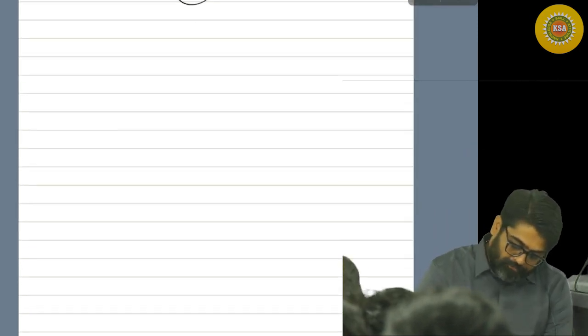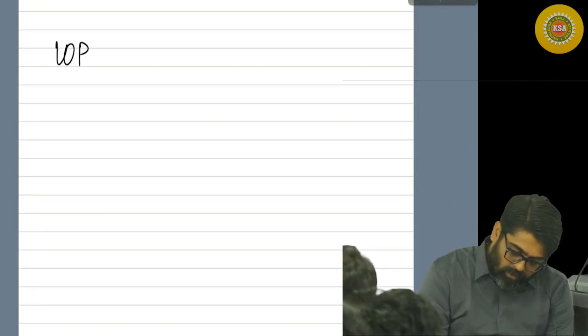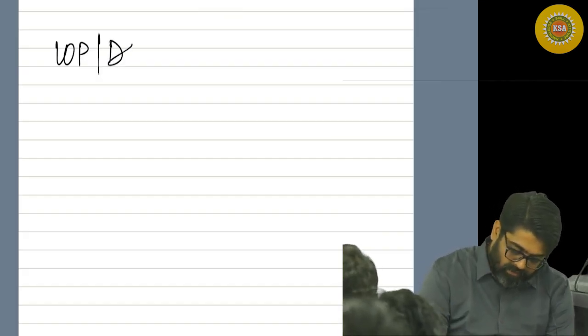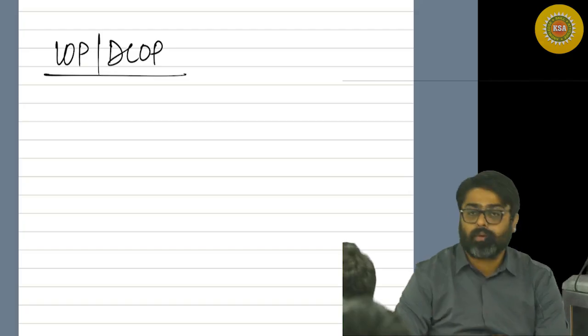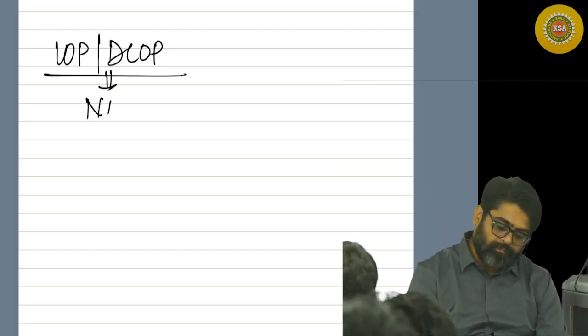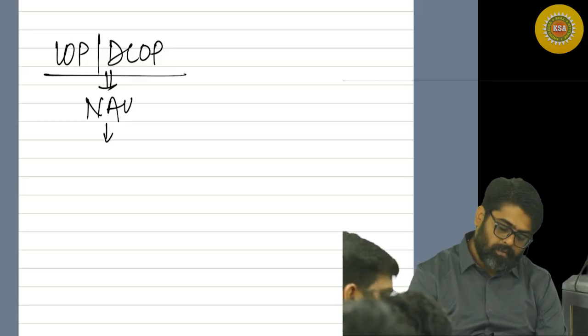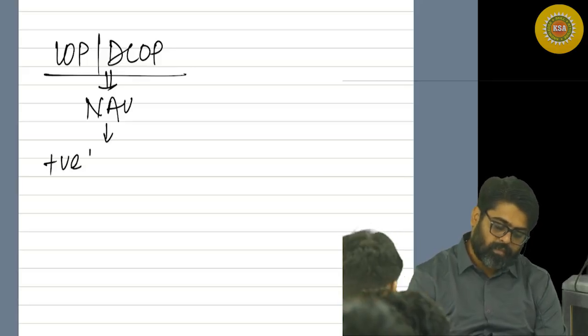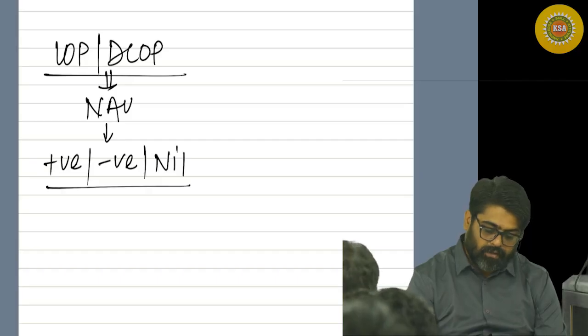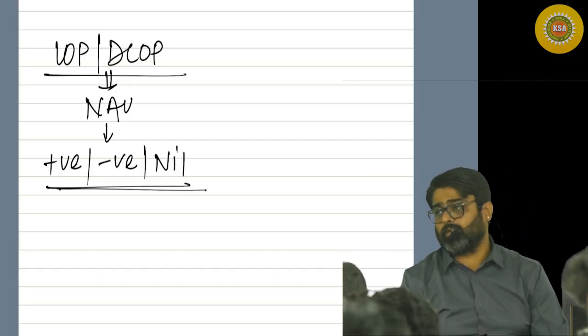Now tell me, if there is a property which is LOP or which is DLOP, which is deemed to be let out property. Yes or no? In this case, your NAV can be positive also, it can be negative also, or it can be nil also. All the three possibilities are possible.